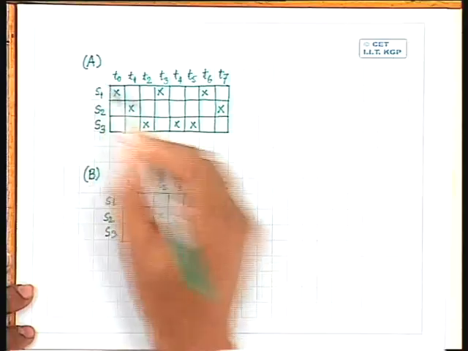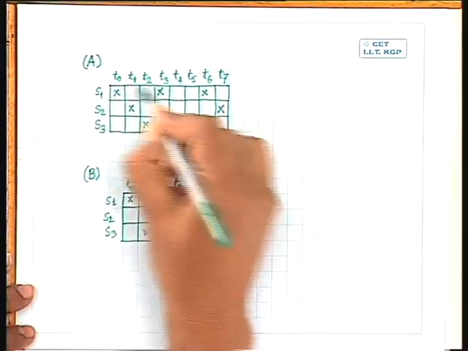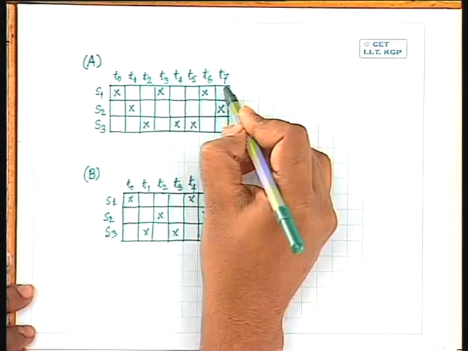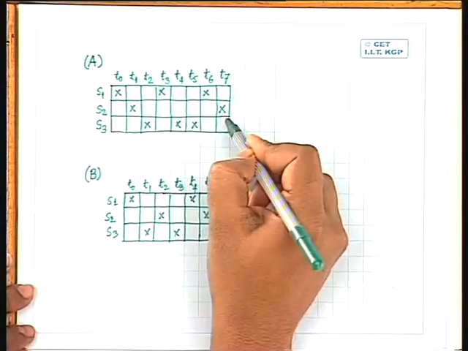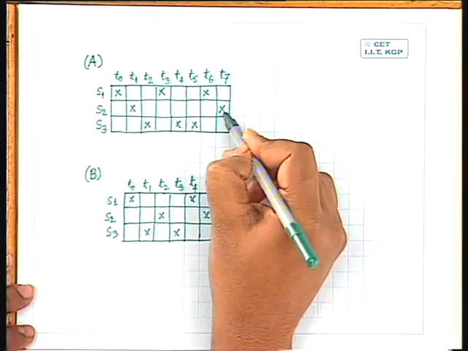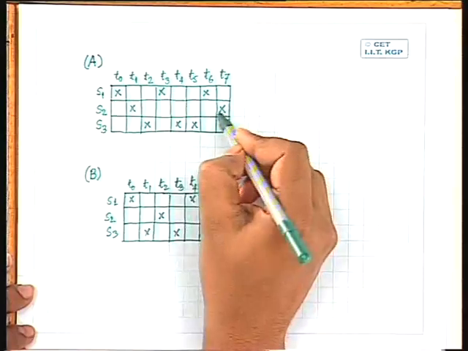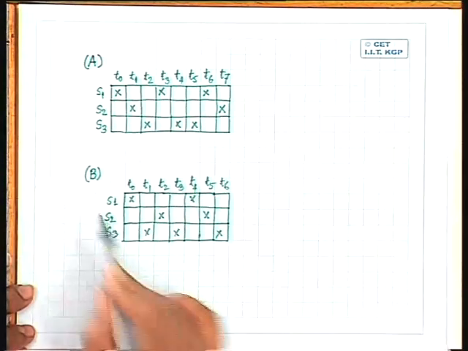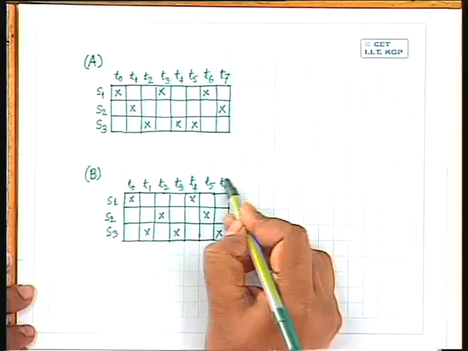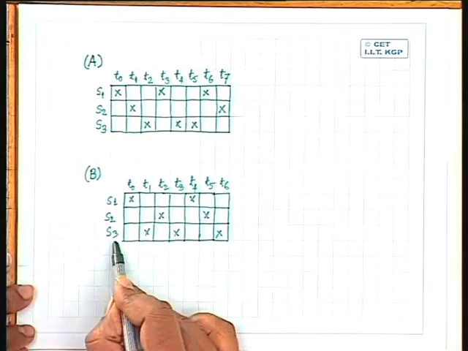You find that for function A, it takes 8 different time steps starting from T0 to T7. During T7, the computation block that is used is S2. That means for function A, S2 is the output point. For function B, at the last time step T6, the computational block that is used is S3.